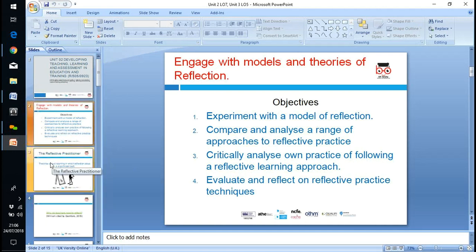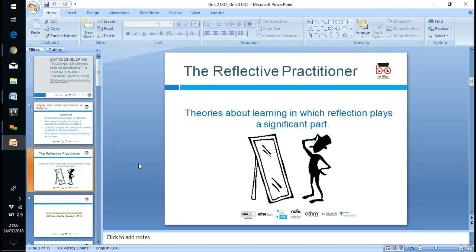There are a number of these. So theories about learning in which reflection takes a significant part. I think one of the most reflective professions is teaching. Because it's something you do automatically each time you've run a session.